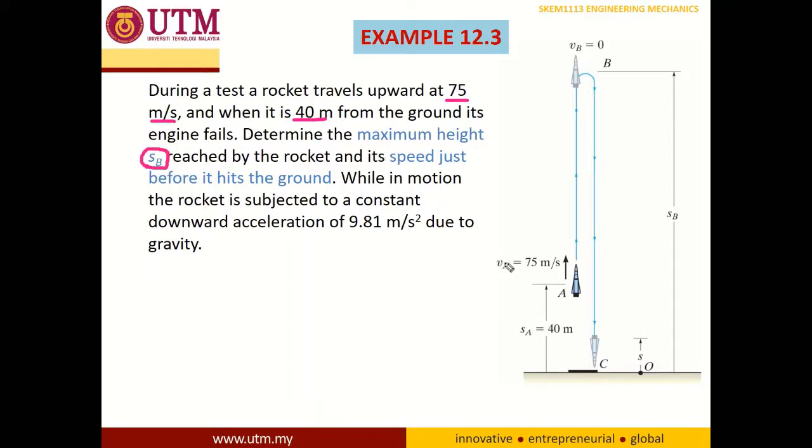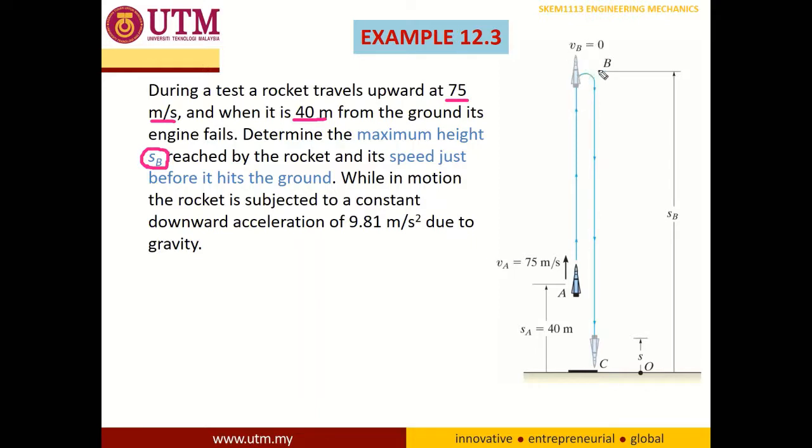Okay, this is 40, defined here, and at that moment the velocity is 75 meters per second, and then the engine fails. It is still moving upwards until the velocity is 0.